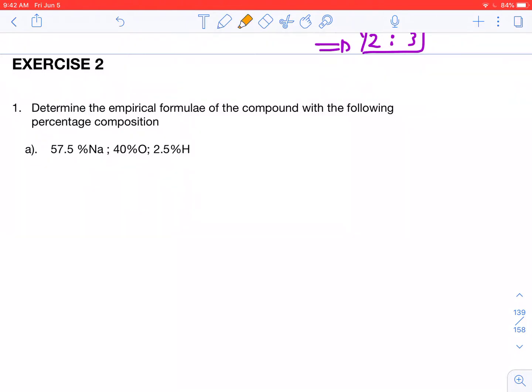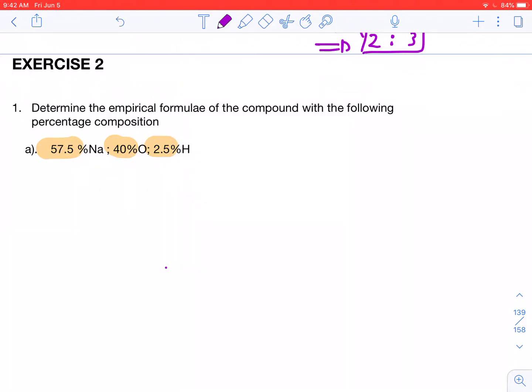Here we have 57.5% sodium, 40% oxygen, and 2.5% hydrogen. You can see this formula has Na, O, and H, and if you know, you will already be able to recognize what its empirical formula is.